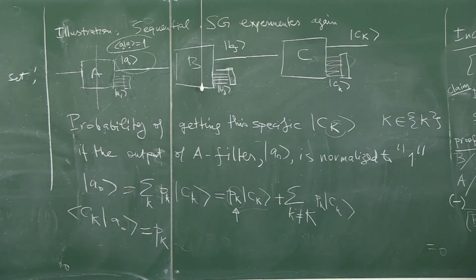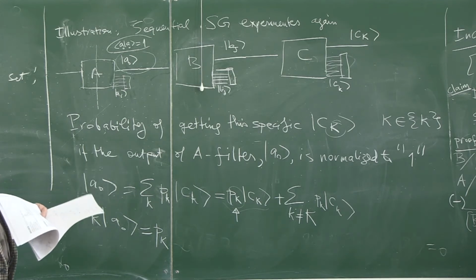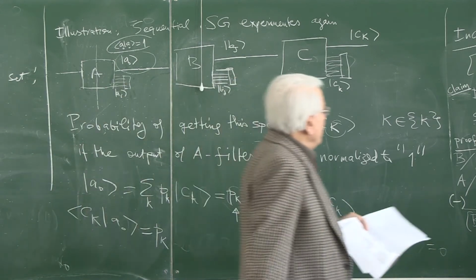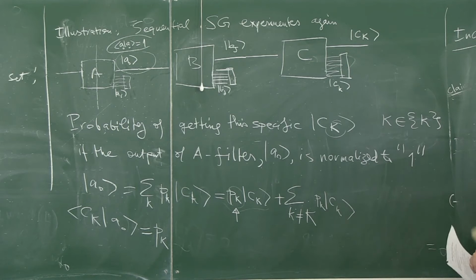The meaning of this p_k is c_k A0. Then we again resort to the usual trick of inserting a complete set of orthonormal eigenstates of the B observable. As I said, they are all observables.